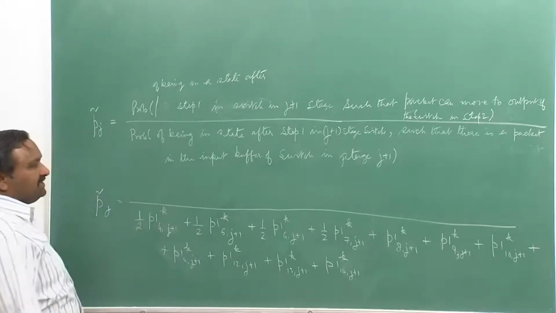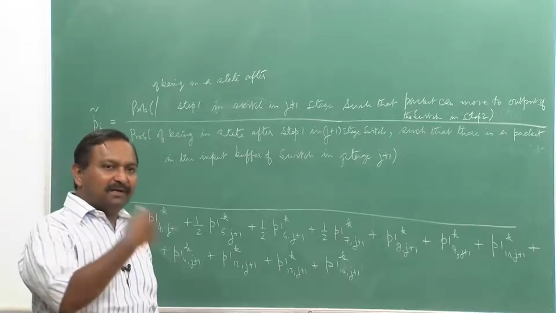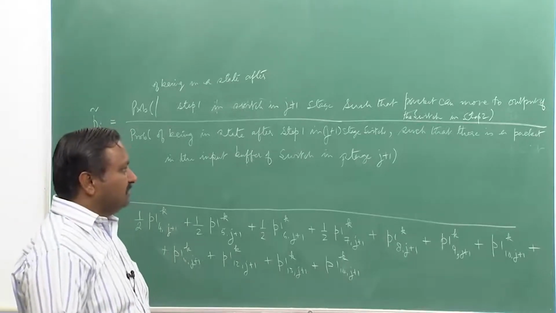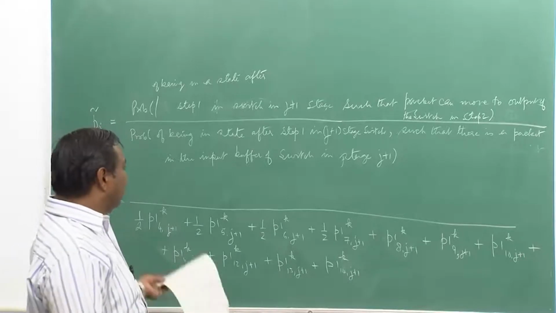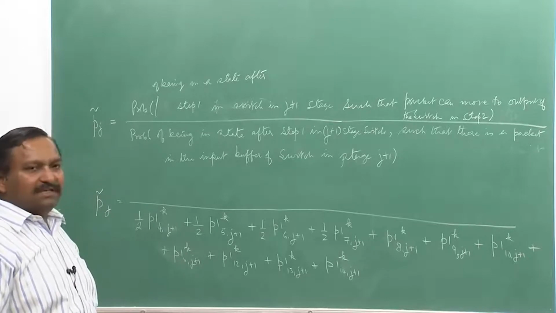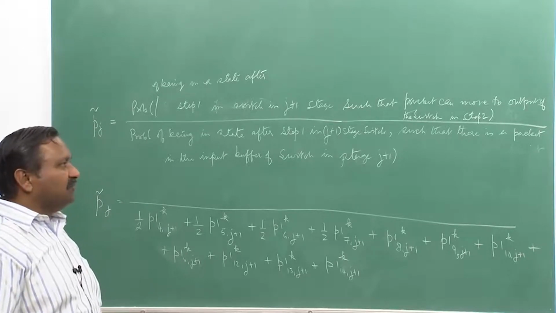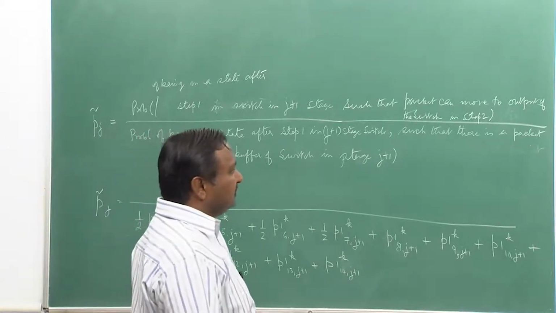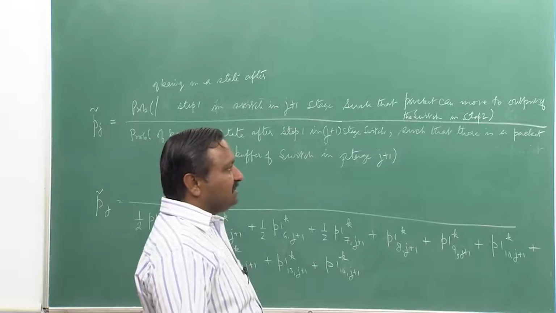Now I have to look at the cases where a packet actually will be transferred when step 2 is going to happen in the j plus first stage switch. So 1, there is no movement, so 1 cannot come in the numerator. 2, again nothing is going to happen, so a packet cannot move, there is no packet at the input of the j plus first stage switch. 3, again the same case.